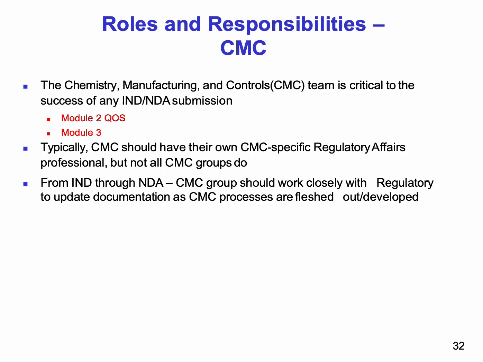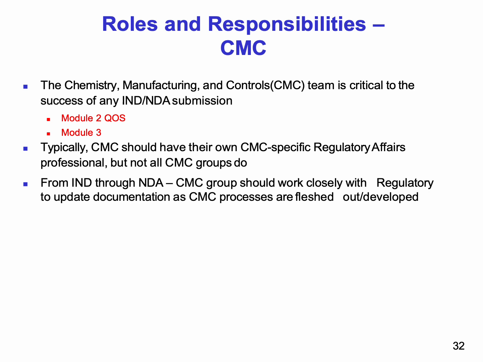Now let's talk about what is the responsibility of the team for the chemistry, manufacturing, and control. This team is critical to the success of any IND/NDA, CTA, NDS, MAA submissions. They work on Module 2, which is the Quality Overall Summary or QOS. They also work on the content of Module 3, where we deal with the chemistry, manufacturing, and control.